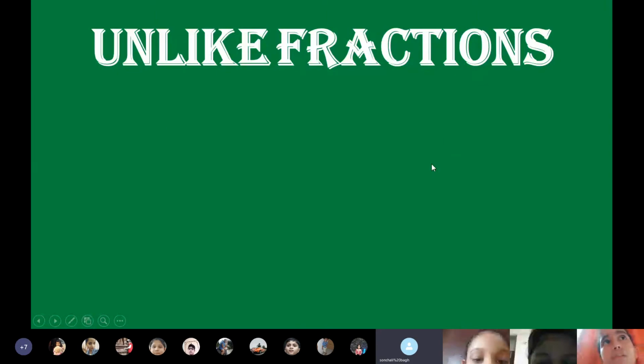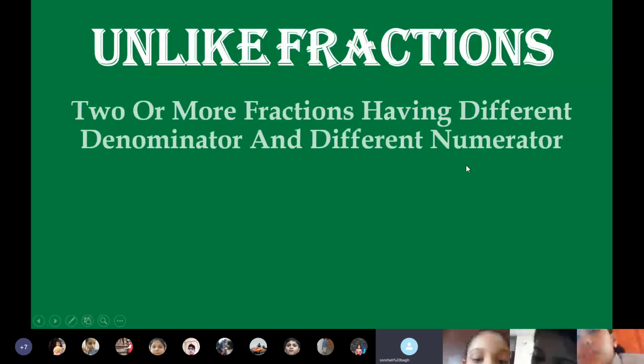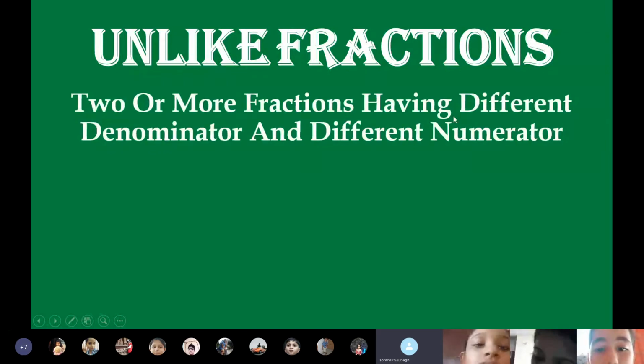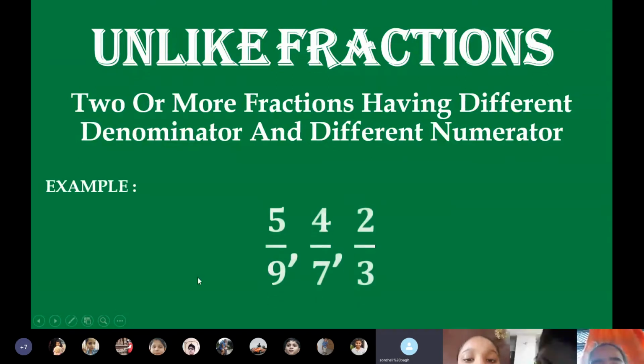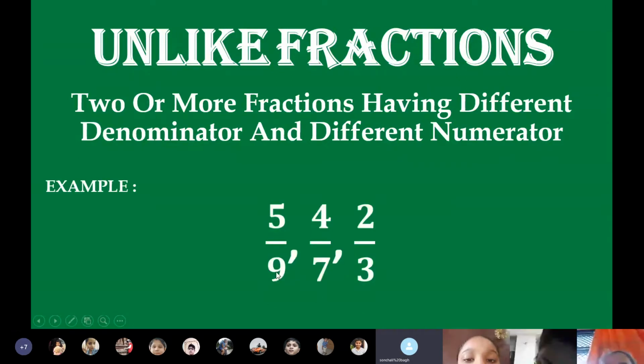Unlike fractions are fractions whose numerators are different and denominators are also different. None of the values are the same. So, two or more fractions having different denominators and different numerators. For example, here I have taken a set. You can see 5 by 9, 4 by 7, 2 by 3.